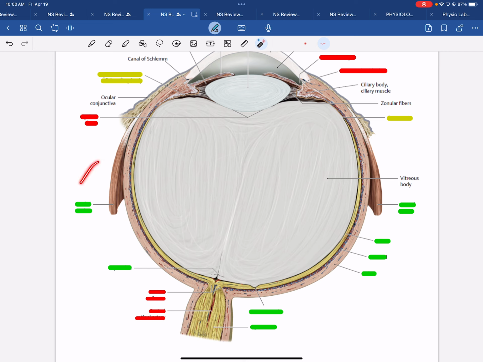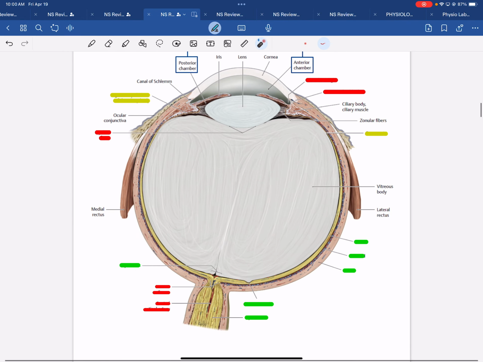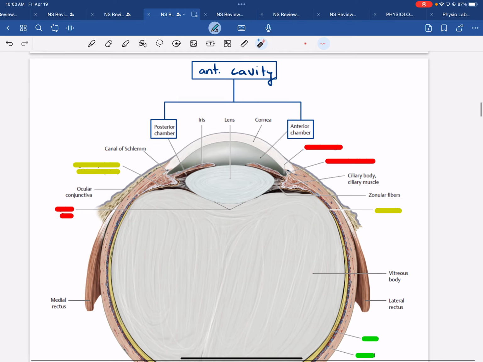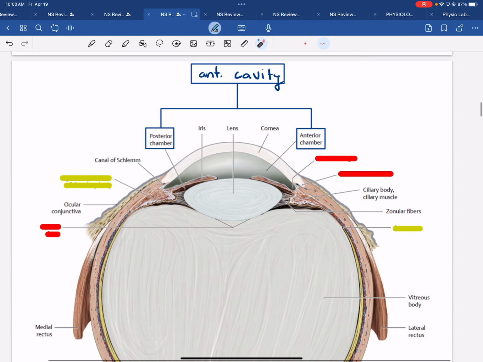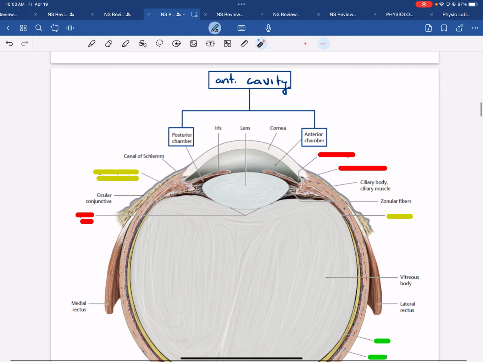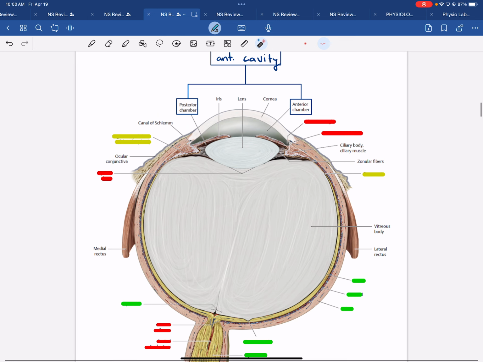So this must be medial, and this must be lateral, so this must be the lateral rectus. This one is the medial rectus. Good. That's the only way we can tell, because otherwise it's perfectly symmetric. But then you see the optic nerve goes medially, so this must be medial, okay?